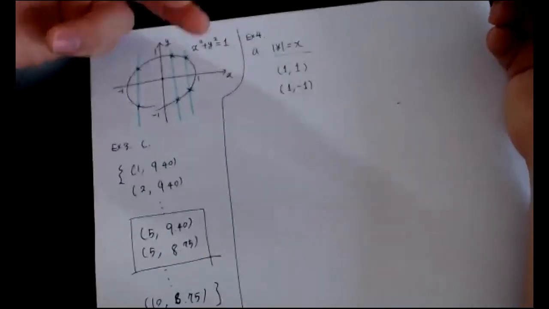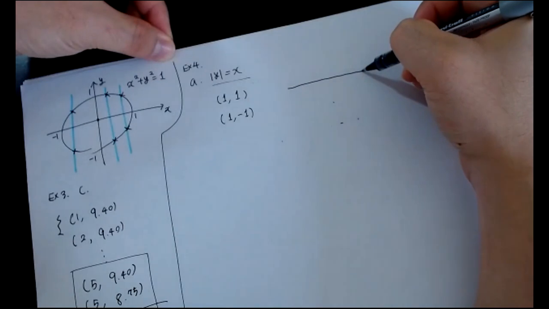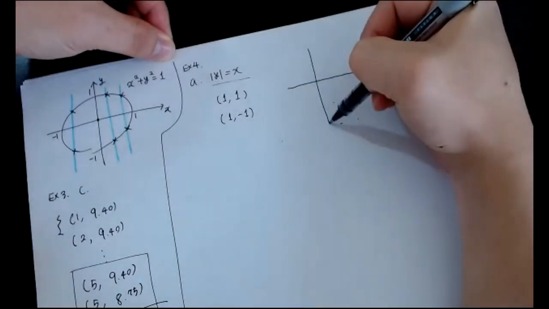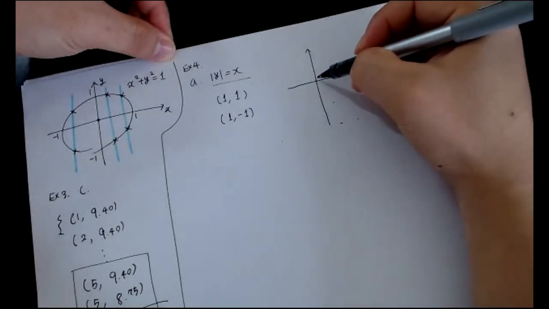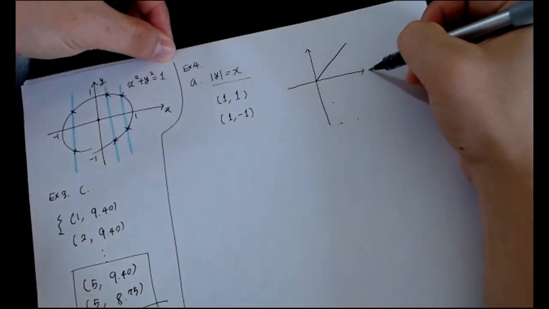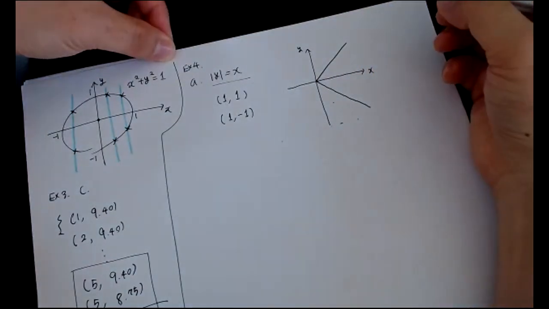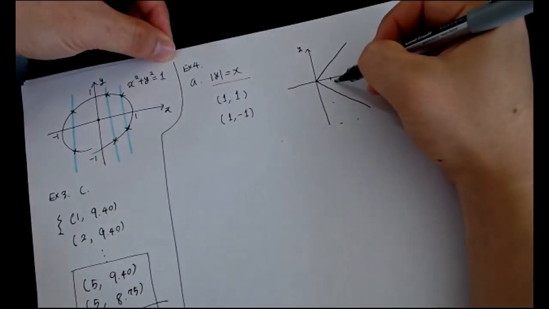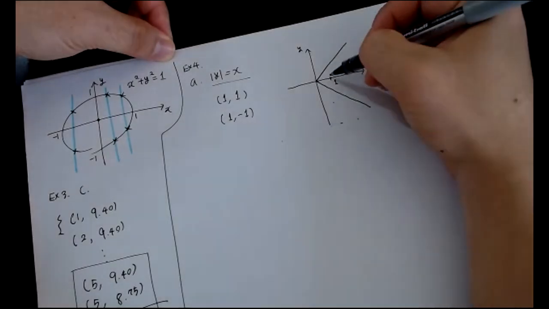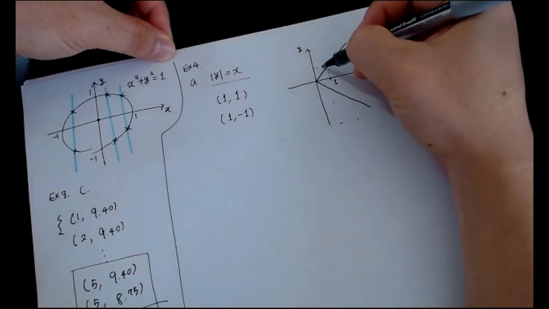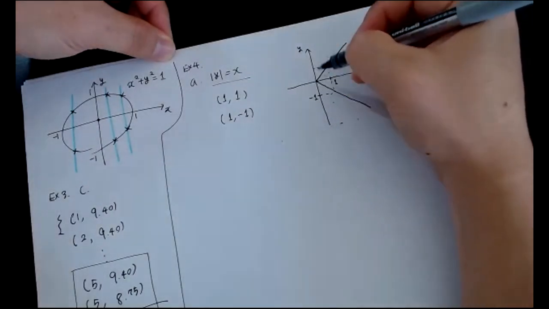But what does the graph of this look like? The graph must be like this. Here, x-axis, y-axis. When x is 1, the x coordinate 1 corresponds to 2 y coordinates, -1 and 1.